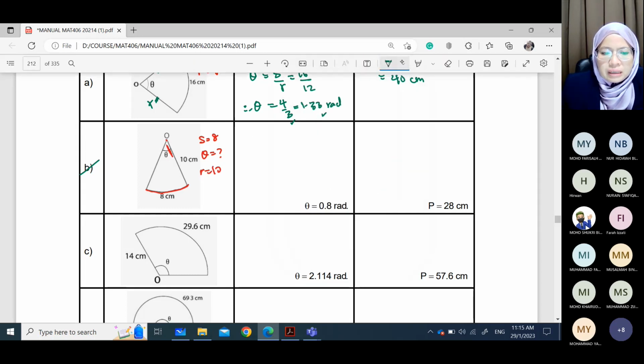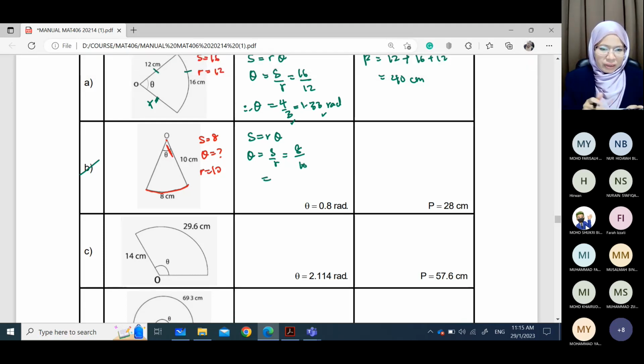So nak dapatkan theta based on this formula, S equals R theta. So theta is about S over R, which is equal to 8 over 10. So theta is 0.8 radian. Okay. 0.8 radian.